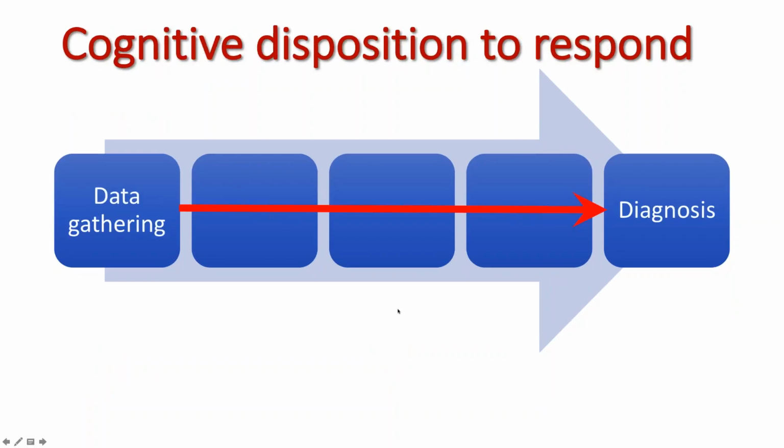However, we all suffer from what is called a cognitive disposition to respond. Our cognition just wants to respond. So we gather some data, which may be complete or incomplete, and we bypass the intermediate steps and often just try to jump to the diagnosis. This is known as the heuristic process. Sometimes you can do this by pattern recognition, and this can work.